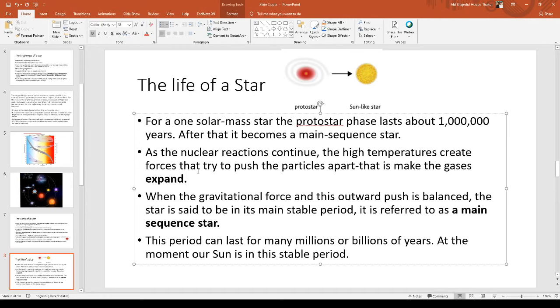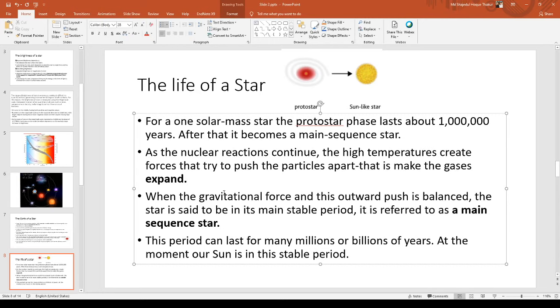Now, it's like this: the gravity tries to pull it inside, but the more the gravity pulls it inside, more nuclear fusion reaction occurs. So the outward pressure force, the radiation pressure force, increases. So the star expands again, and then as it expands again, gravity again pulls it down. So at one point, this becomes balanced.